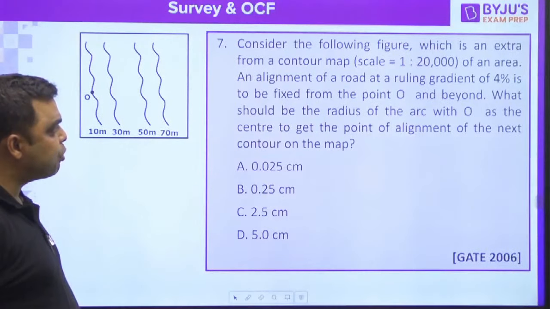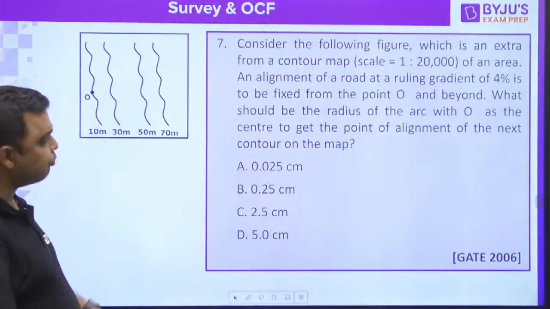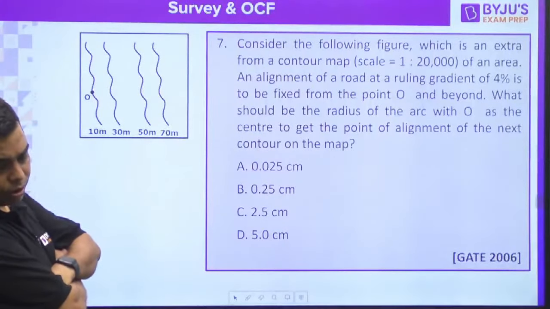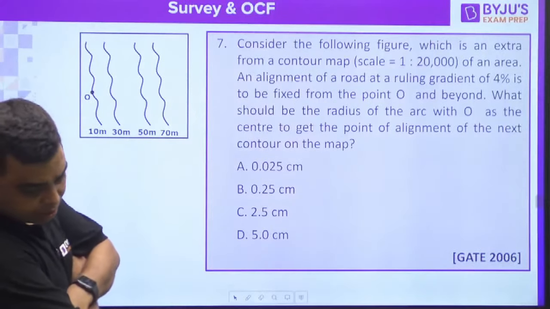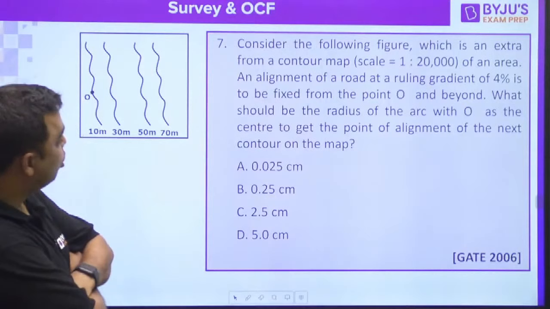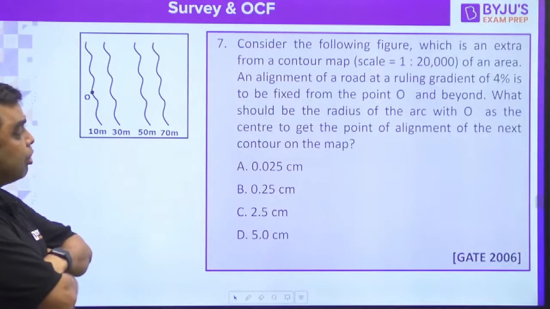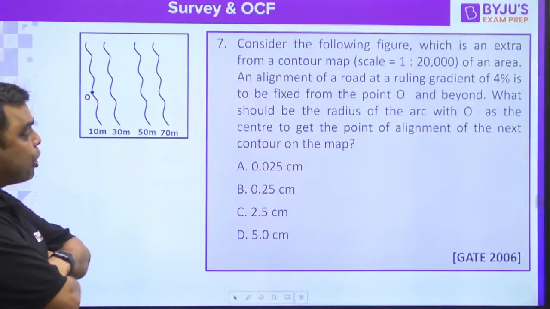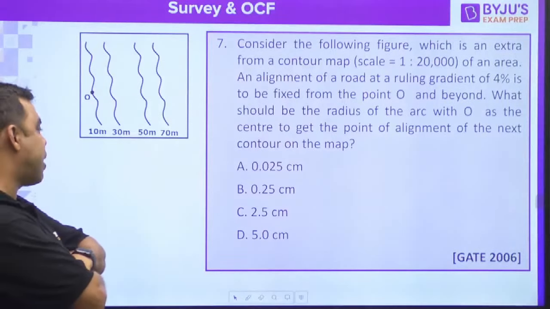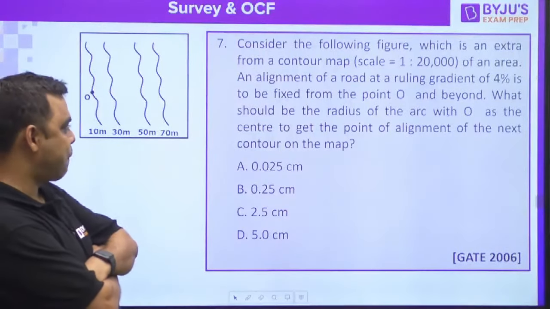An alignment of a road at a ruling gradient of 4% is to be fixed from point O and beyond. What should be the radius of the arc with O as the center to get the point of alignment on the next contour on the map? So guys, what should be the answer?